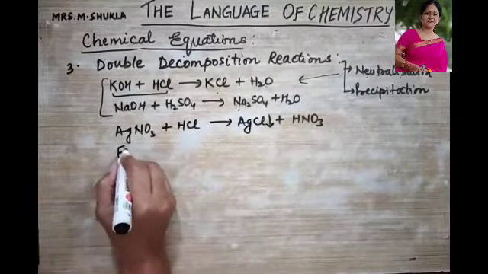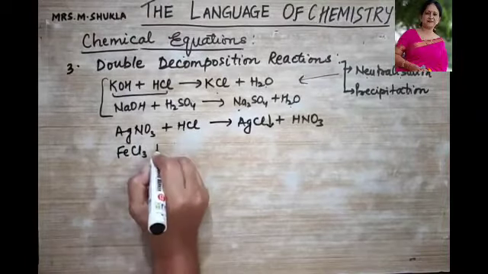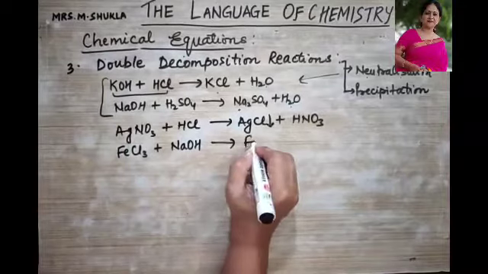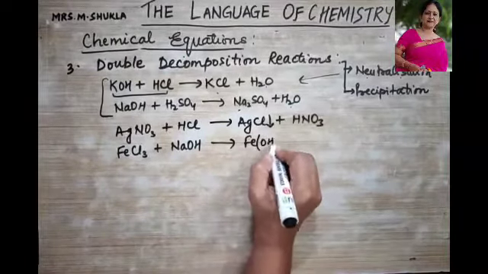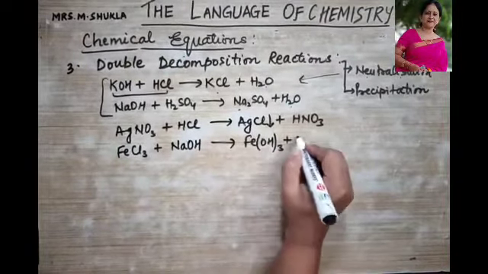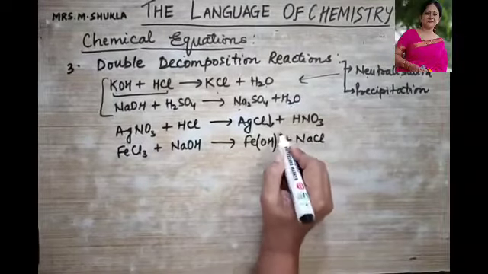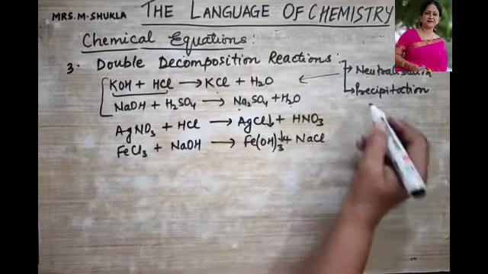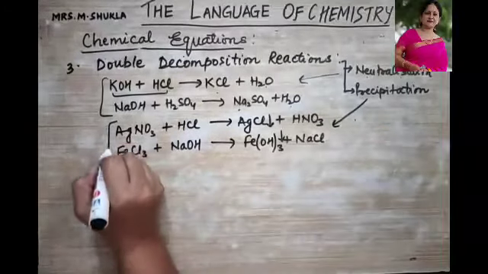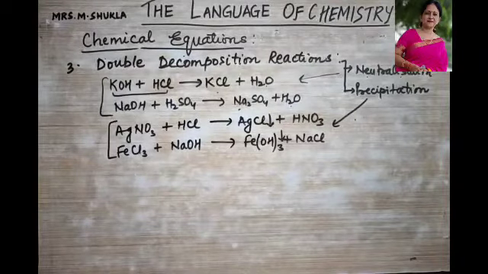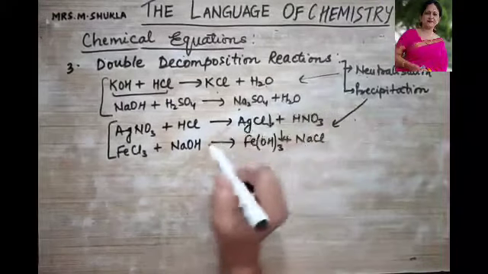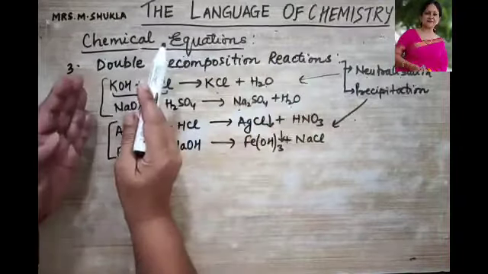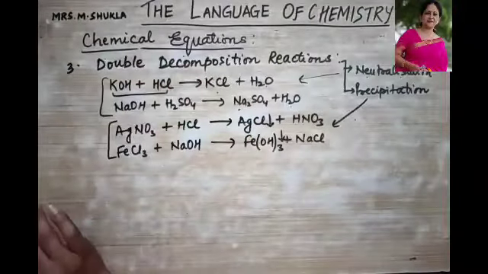Another example: FeCl3 plus NaOH will give Fe(OH)3 plus NaCl. Here Fe(OH)3 is your precipitate. So such reactions are precipitation reactions.